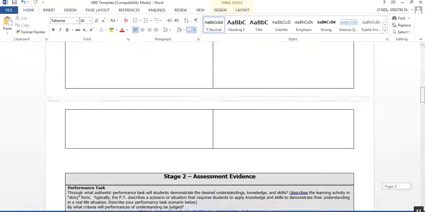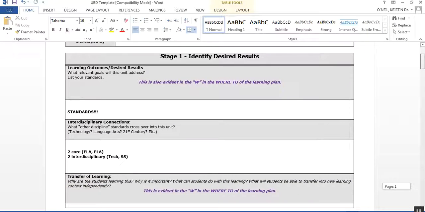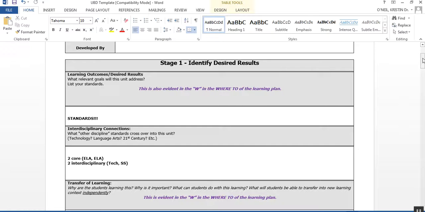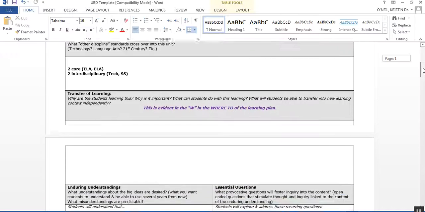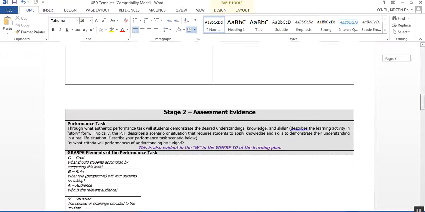So when we go back to the very beginning of our UBD template, our entire stage 1 desired results focuses on our goal of trying to get kids to think. We want them to think. We want them to understand. We want them to do more than know. And that is, what do we want our students to learn?